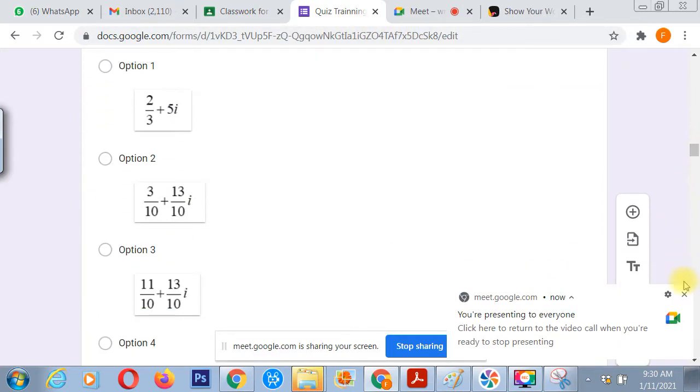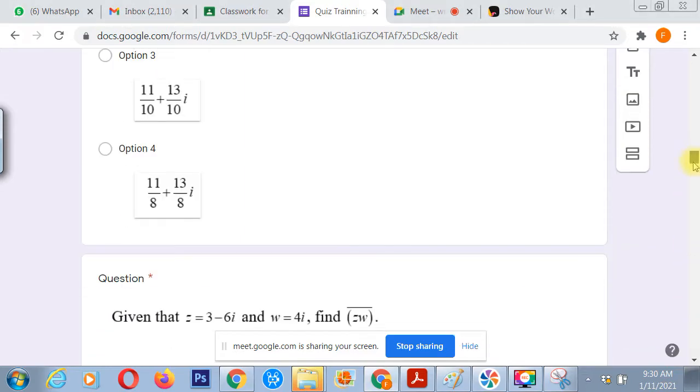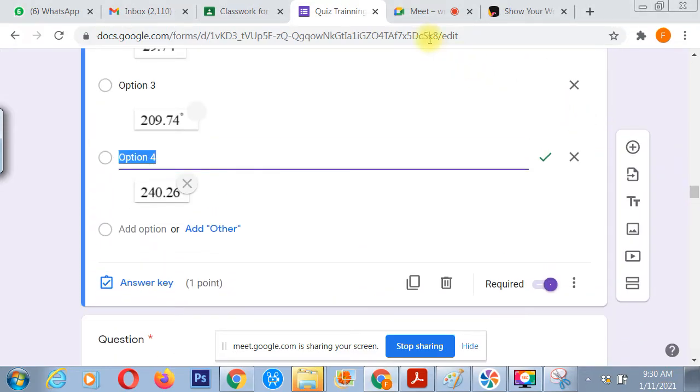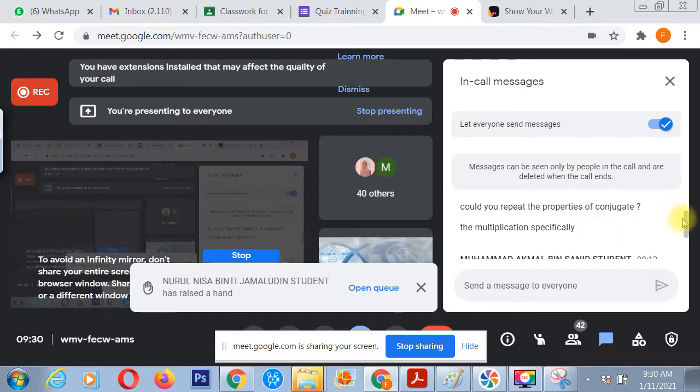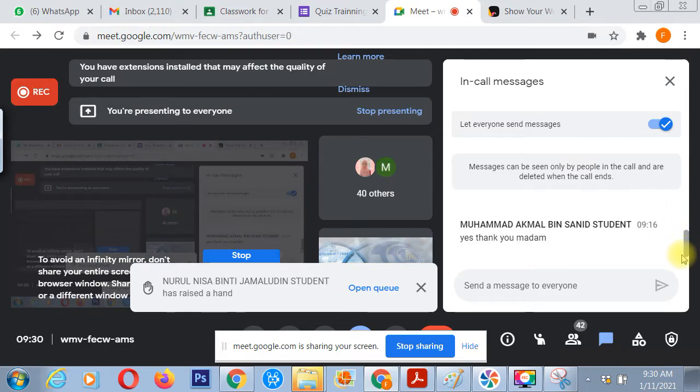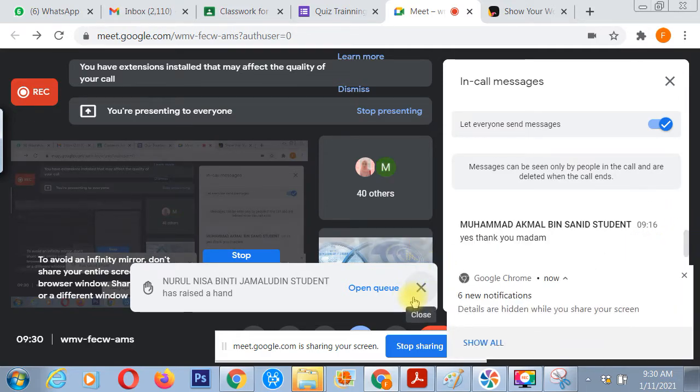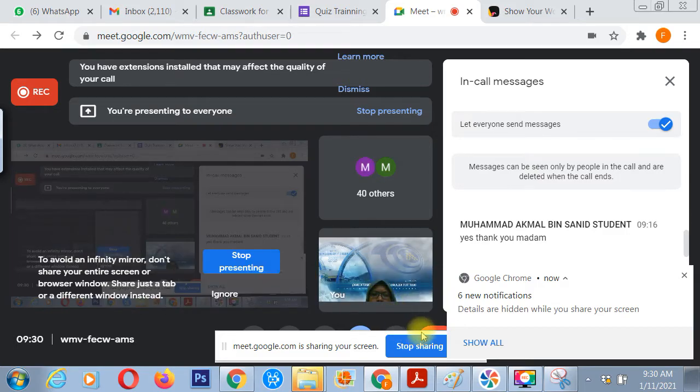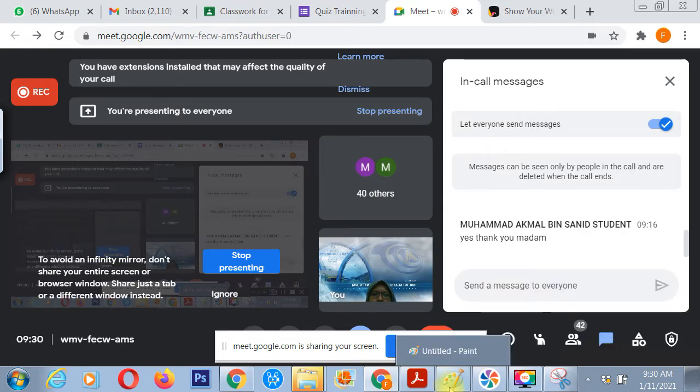If z to the power of 3 equals 4 minus j, the polar form of the given complex number is given, r equals root 17.